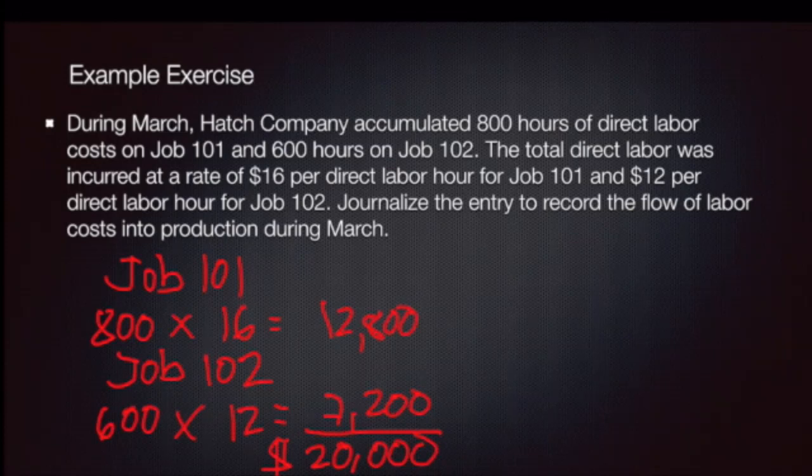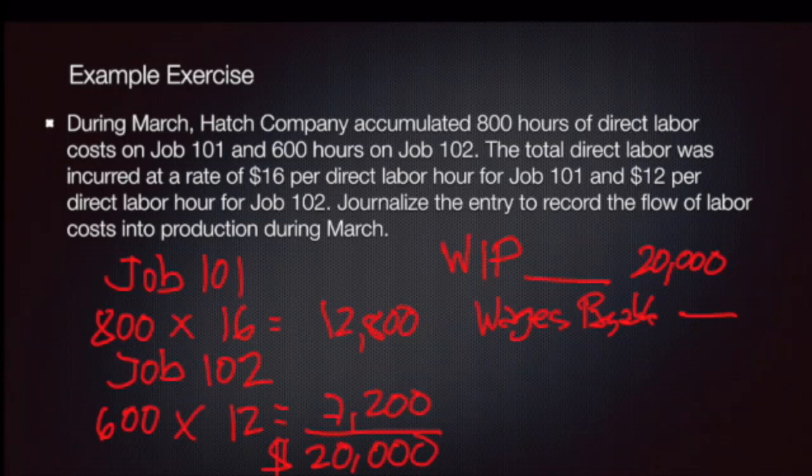So if we journalize the entry, it will be the work in process will be at 20,000 and the wages payable at the credit side will be 20,000. So that's how you journalize the entry.